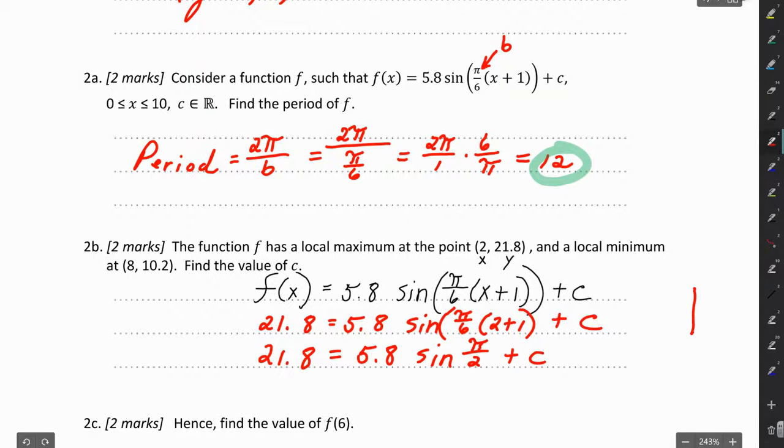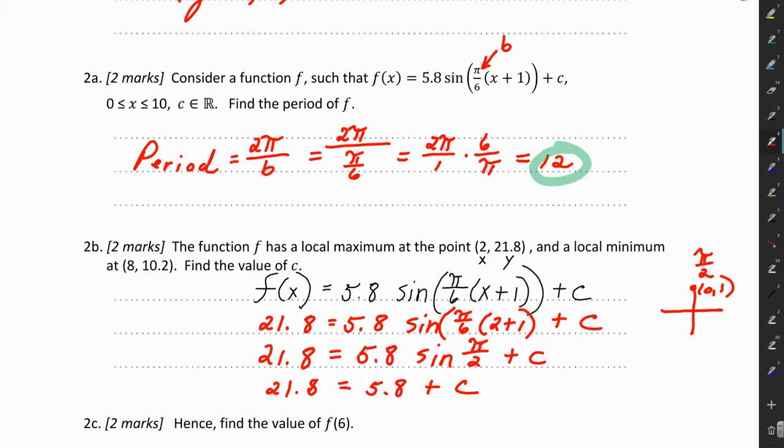Well, the sine at pi over 2, this is pi over 2, the coordinate there is (0, 1). The sine is the second part of the coordinate, so the sine of pi over 2 is just 1. So we end up with 21.8 equals 5.8 times 1, or just 5.8, plus c. So 21.8 minus 5.8 is going to give me 16, so 16 is equal to c.